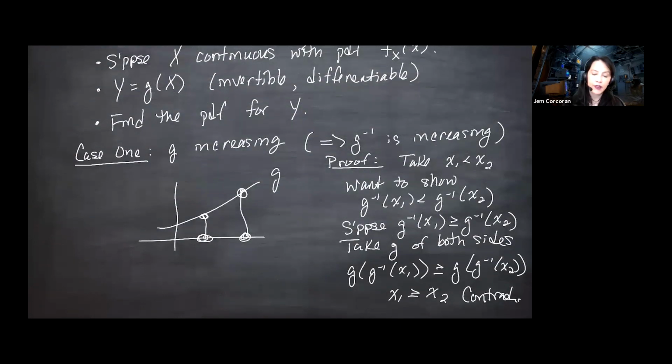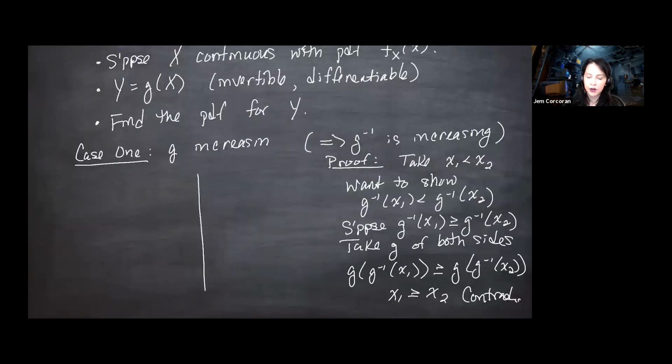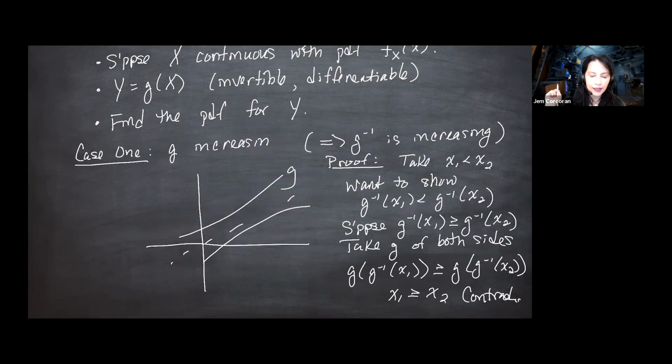Another real quick way to think about it is, maybe you remember that inverse functions are mirror images over the line y equals x. So if you have some kind of increasing function and you mirrored it, it's going to change the concavity maybe, but it's not going to make it suddenly decrease.